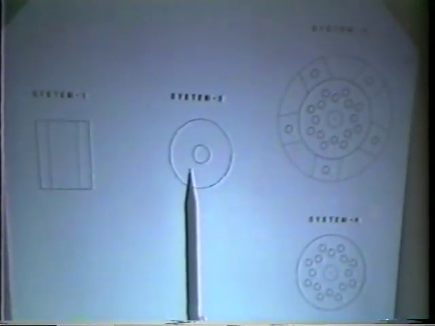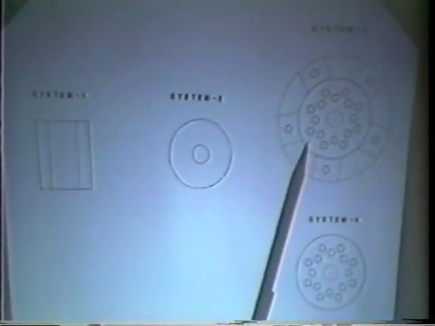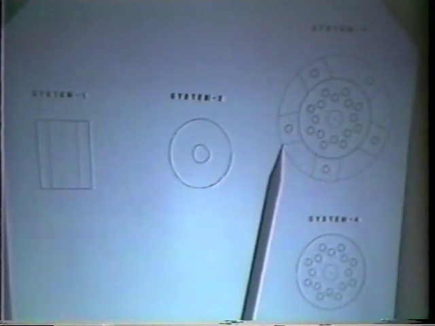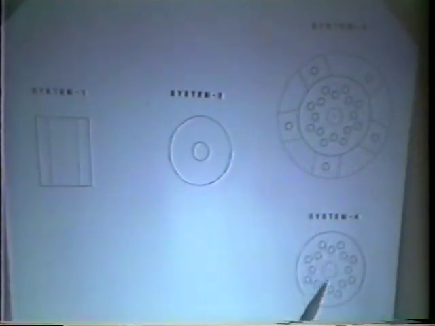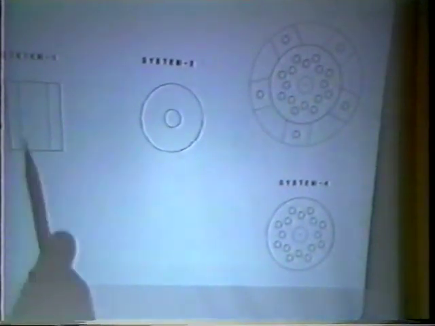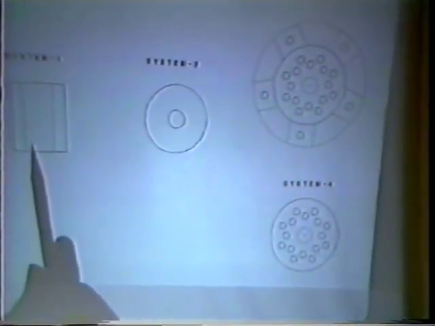System 2 is a simple annular counter. System 3 also has an exterior ring of helium tubes that act as a crude energy spectrometer should we get enough yield. System 4 is what I just showed you. All of those systems range from 19 to 34% efficiency.